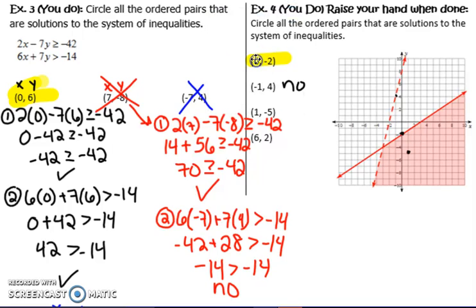Well, that falls in my shaded area, so that definitely works. If we do 6, 2, we go positive 6, positive 2. Because it's on the solid line, that is a solution. Make sure you really pay attention to whether it is a solid line or a dashed line, because that does change whether your answer is a solution or not if it falls on the line.